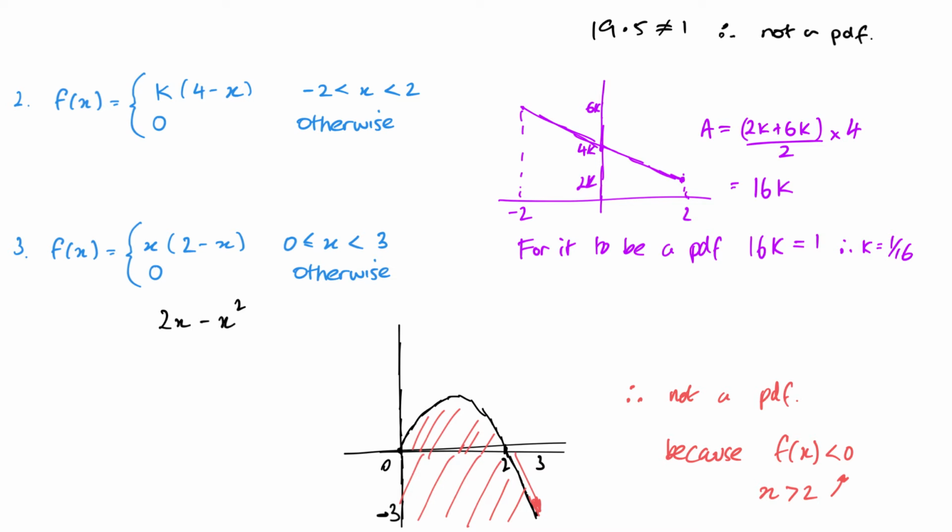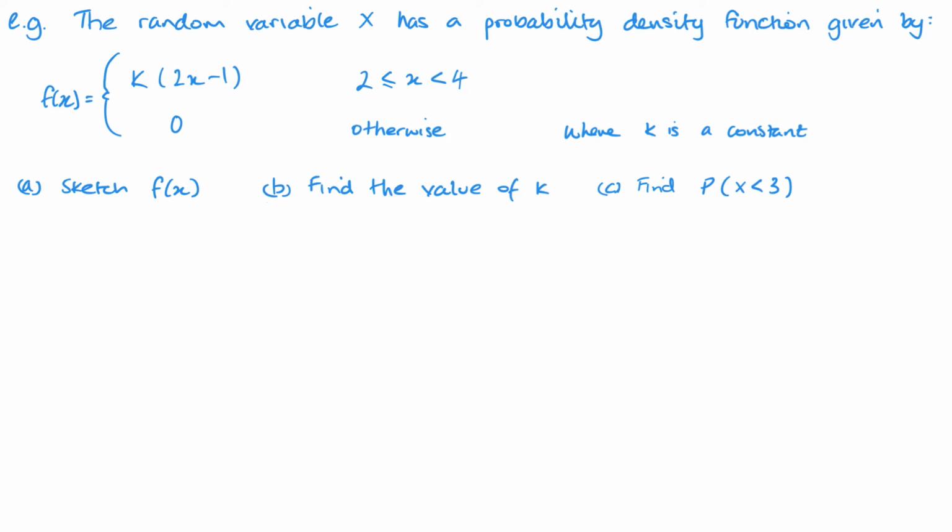So this is the first look at our PDFs and what constitutes a PDF from just a function. Next, what we're going to do is move into an actual example. So here we have the random variable x, and it has probability density function given by this.